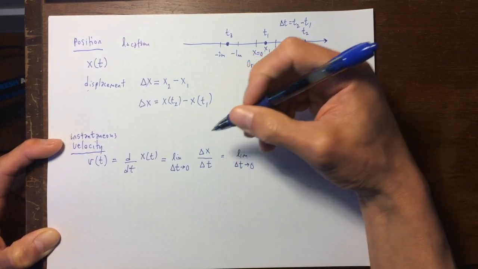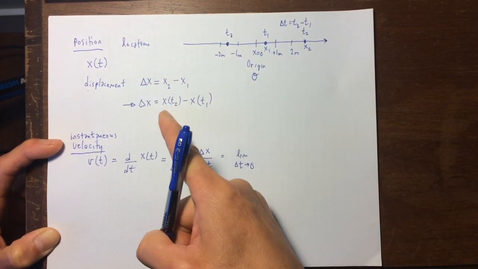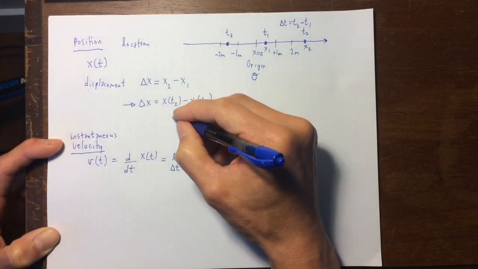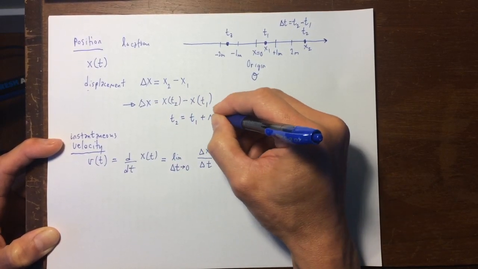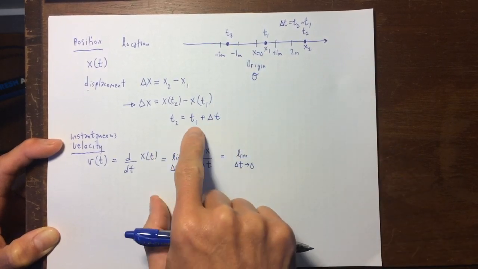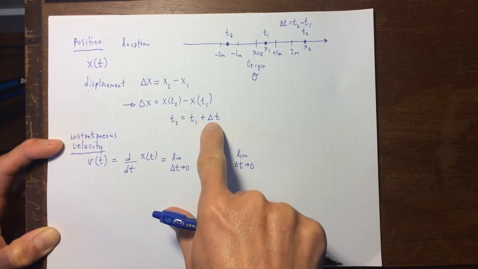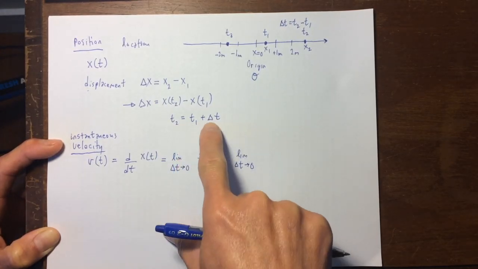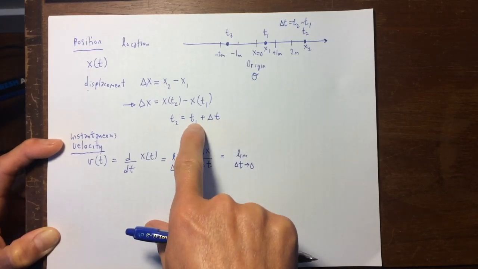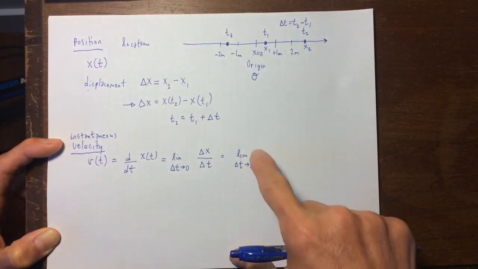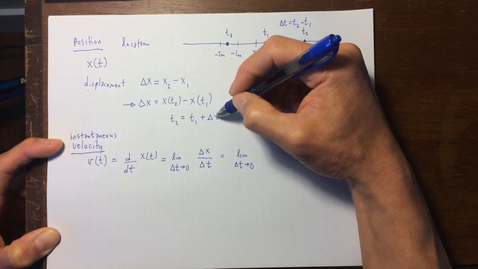So this displacement here is written right here. But T2 is related to T1 in the sense that T2 is a moment in time later than T1. So this is how much time we have to wait to get between the time T1 and the instant of time T2. So the limit that delta t goes to 0 is going to put a little dt here.